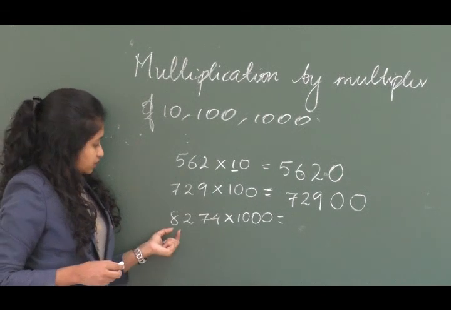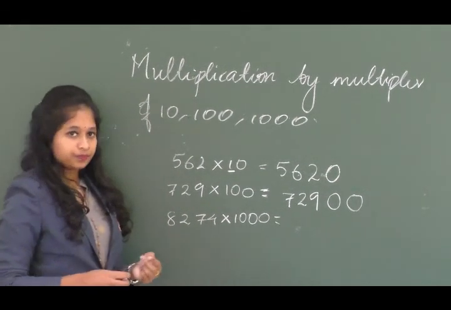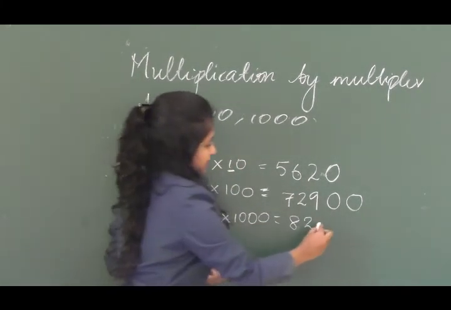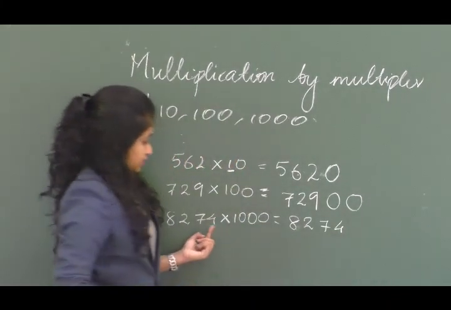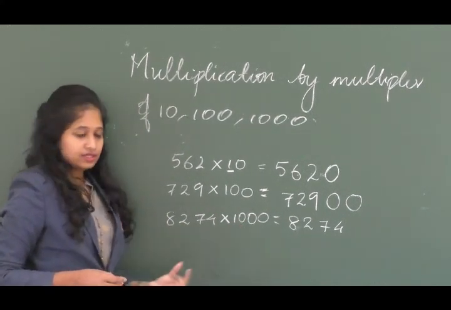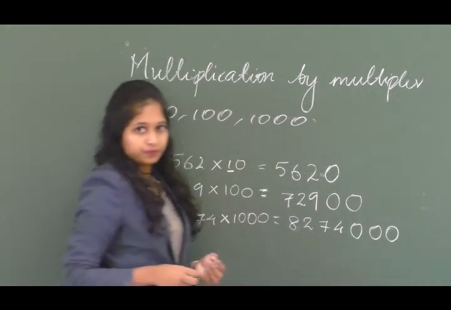One more question, 8274 into 1000. 8274 into 1 is 8274 and insert these 3 zeros after the number.